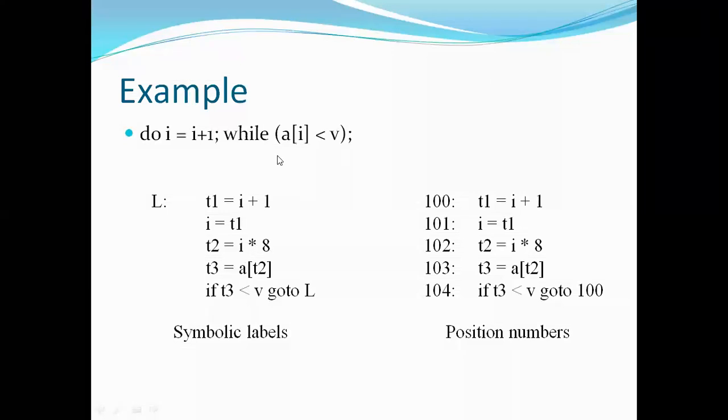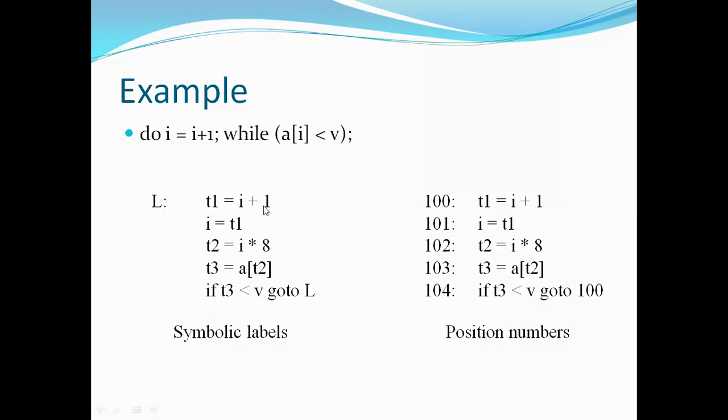T2 is equal to i into 8, and this is a of i, where T3 is equal to a of T2, because T2 is i into 8. And here we're having a condition: this T3, already stored in a temporary, is less than b. Now go to label statement.